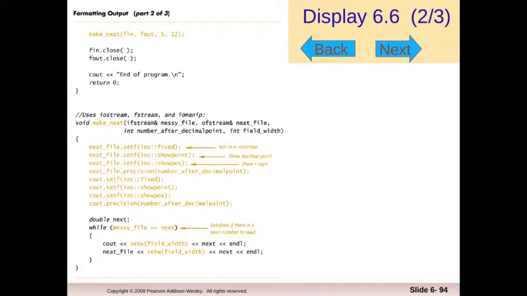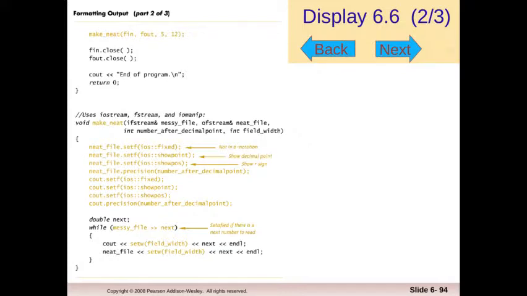So we have to set these up in exactly the same way. I is : fixed, I is : show point, I is : show pause, and precision number after decimal point. That's from the parameter here. And do that for neat file and do that for cout.